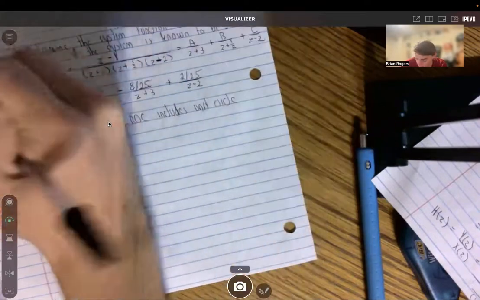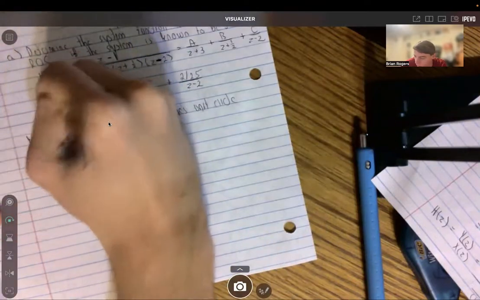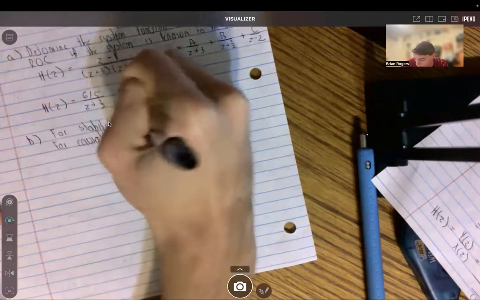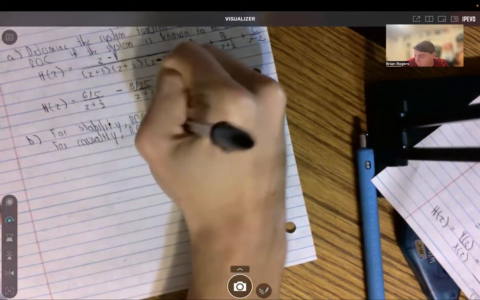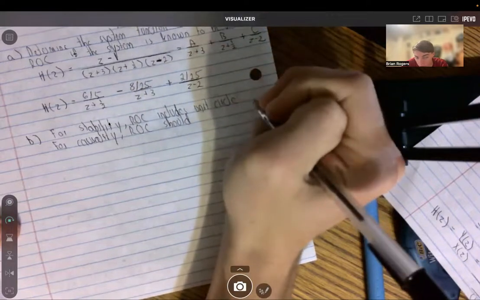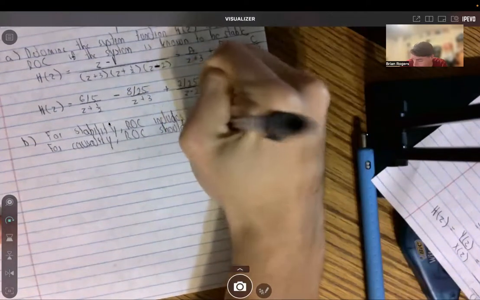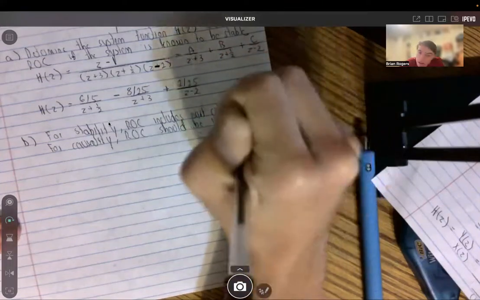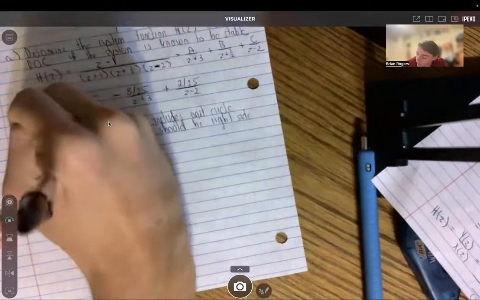But for causality, the region of convergence should be the exterior, the right side or exterior, I could say, of the rightmost pole.